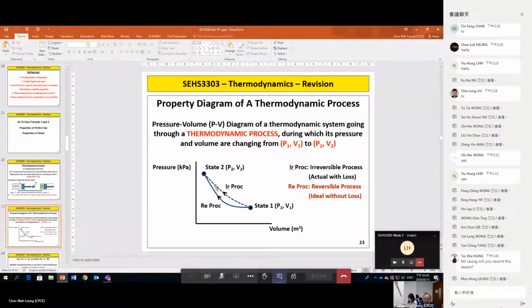Now, in actual practice, we almost never have an ideal reversible process. All kinds of processes will encounter loss, high or low, still have loss. So therefore, an actual process always has loss, and we always meet the actual process.